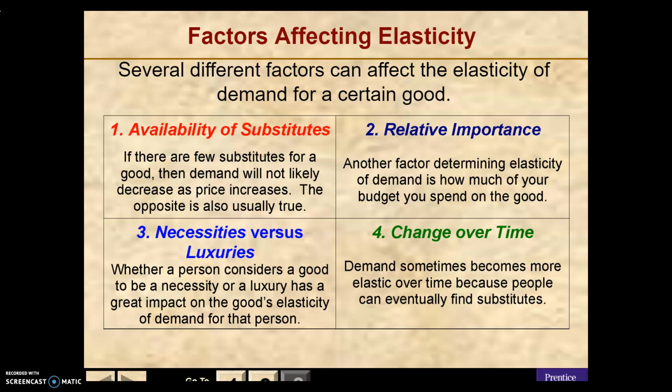Necessities versus luxuries. Whether a person considers a good to be a necessity or a luxury has a great impact on a good's elasticity. So water, right? Everyone needs water to live. So that's a necessity. However, yachts, right, like the boat. Does everyone need a yacht? I know some of you are nodding your heads like, yes, you need a yacht.